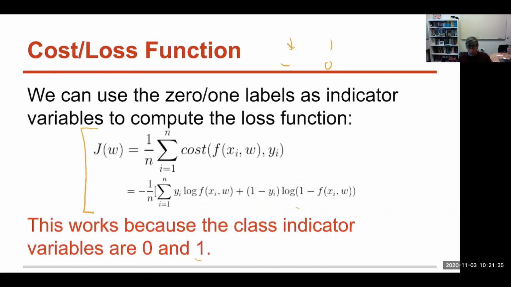This 1/n thing is going to be the average penalty per point. Any questions? And so if we minimize this loss, we are going to be finding the best possible coefficients of a model. Any questions?